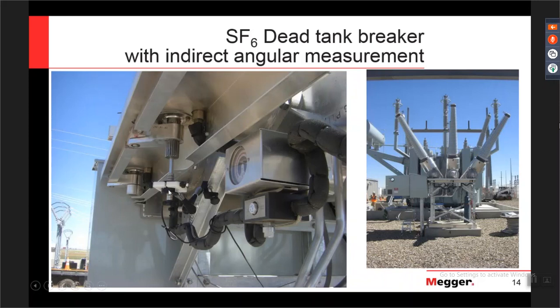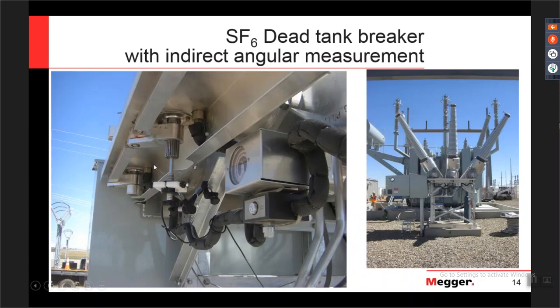In this case, you use a rotor transducer placed down here on this shaft or axis, and you see here you have operating shafts connected between the phases.